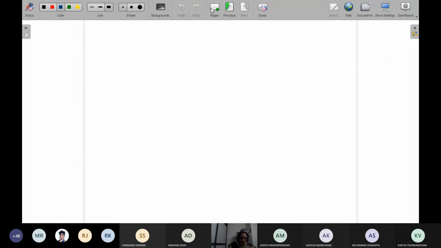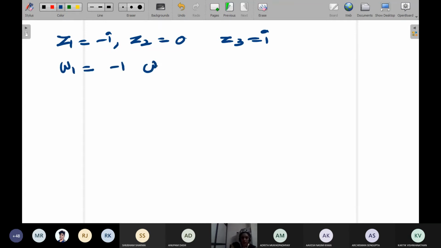First concentrate. Okay. Find the bilinear transformation that maps the points Z1 equal to minus I, Z2 equal to 0, Z3 equal to I, and similarly W1 equal to minus 1, W2 equal to I, W3 equal to 1. So you have to keep changing the pages. If I'm wrong, you just tell me.